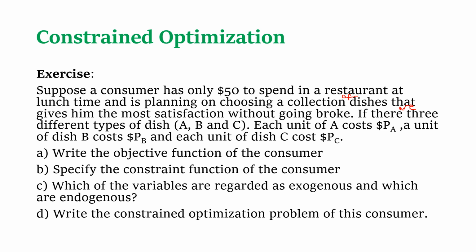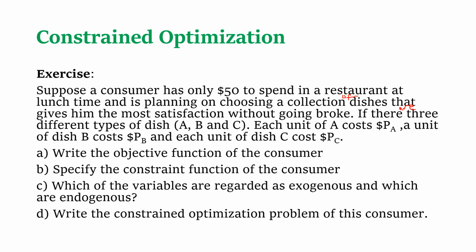Obviously, it's constrained by his income. His income is just $50, but he wants to buy three different dishes, right? So what are the constraints here? The constraint is what?